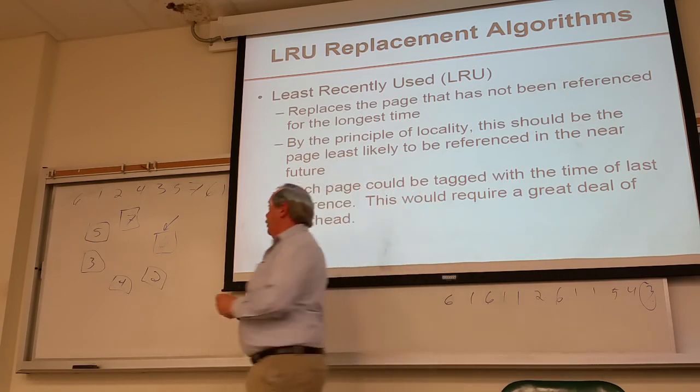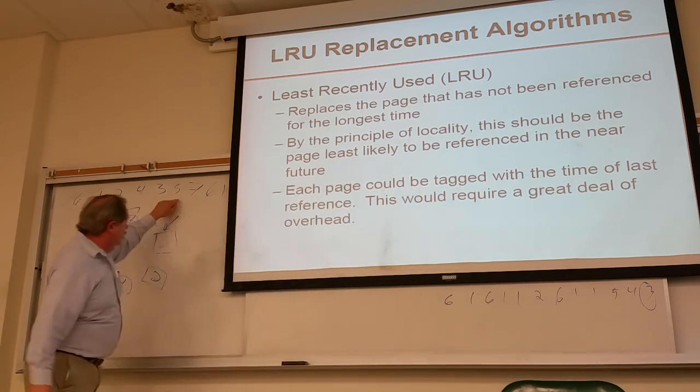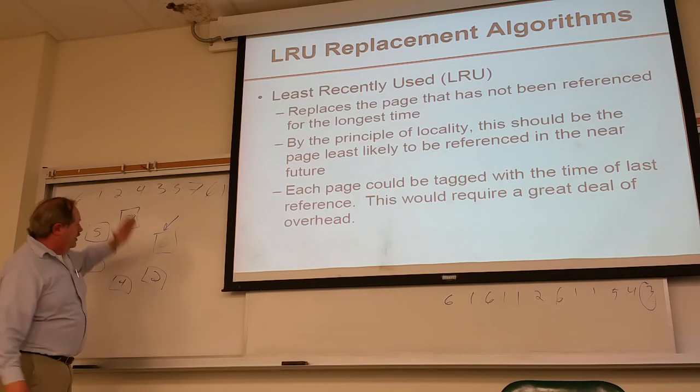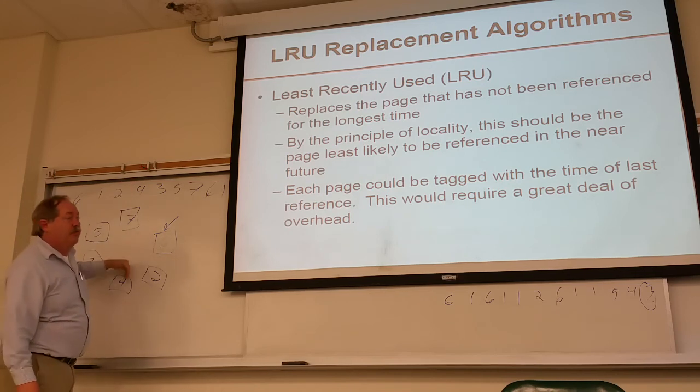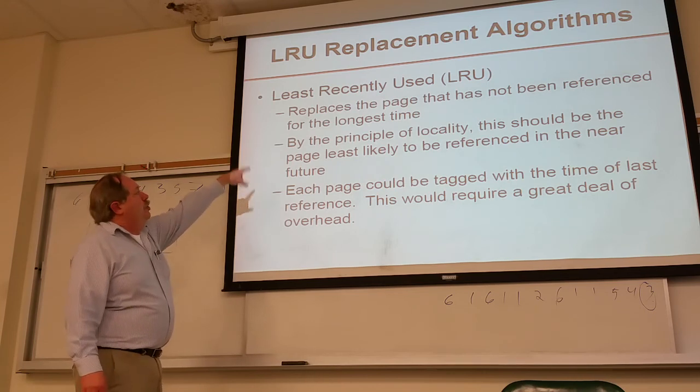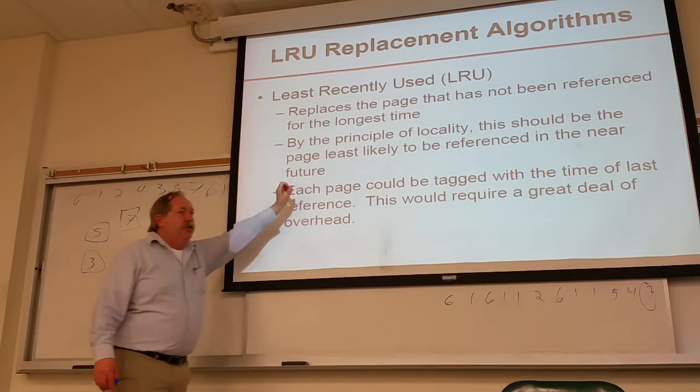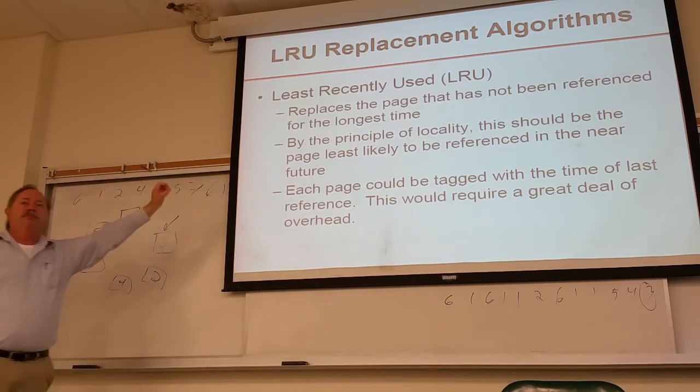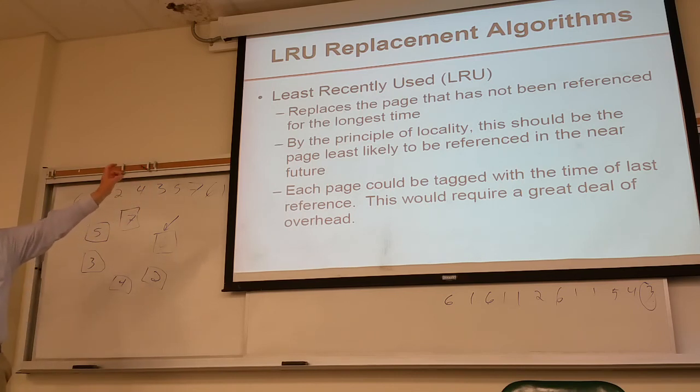Whereas the idea with least recently used, if I had just recently used one, I would then say, no, I want to keep that one. Let's skip over that one and choose somebody else. This has been demonstrated through many research projects to be much more efficient because of the locality of reference principle.